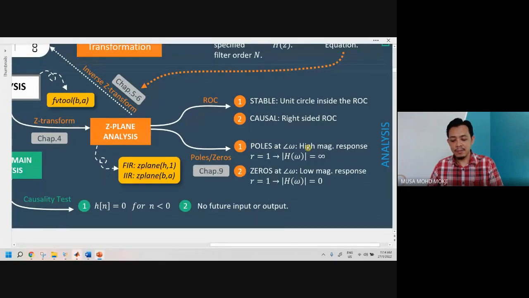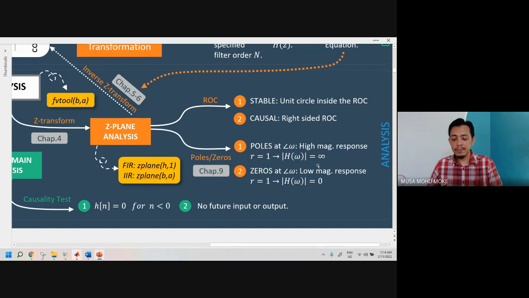Of course, if you are interested to know, you can contact me and we can discuss that. I can show you what the relationship is between the poles, zeros, and the magnitude response.